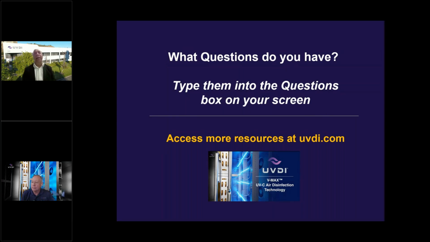For UV, there are two standards for duct. One is 185.1, which is for air disinfection, and 185.2 is for coil cleaning. And there's a new standard which got released earlier this year, ASHRAE 185.3, which is for in-room evaluation of an air cleaner.